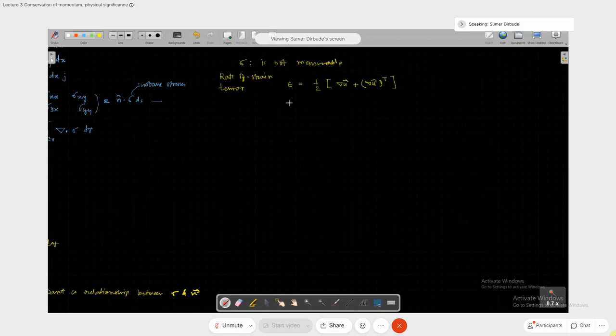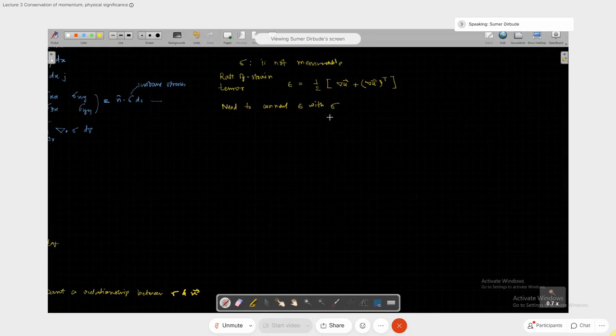Now the question comes: how can we connect epsilon with sigma? Sigma is not measurable, but we want sigma in terms of u, and we know that only epsilon is related to u. So can we take epsilon and convert it in terms of sigma?